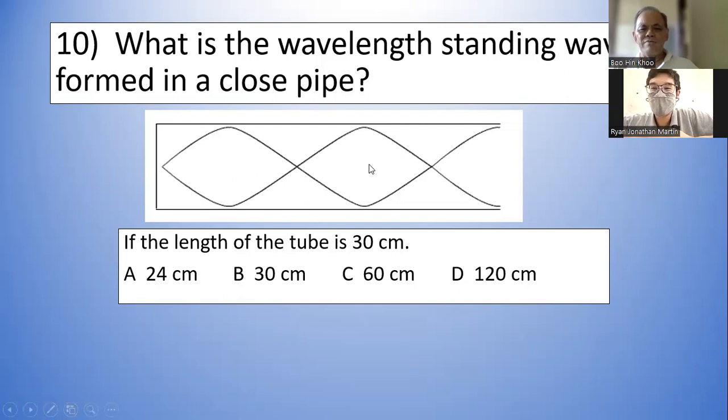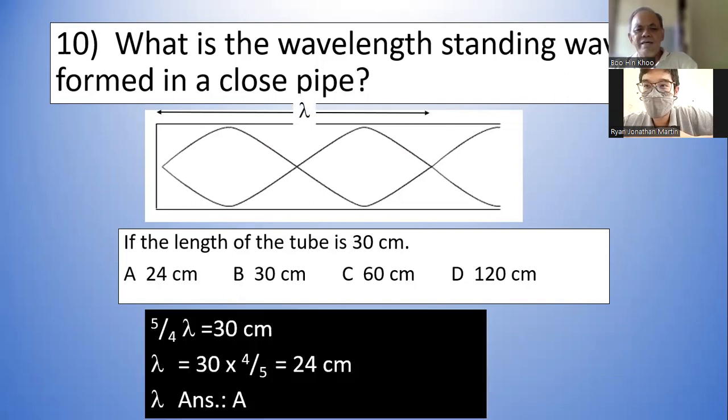So one wavelength plus a quarter wavelength equals 30 cm. So what's the answer? 24 cm. So that's your wavelength: 5/4 lambda equals 30 cm. Good, the answer is A.